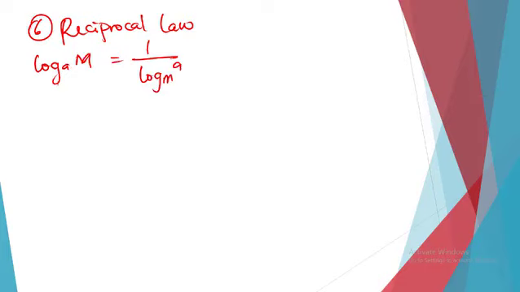If we have log m base a, it is the same as 1 over log a base m. Let me give us an example. Assuming we have log 9 base 3, log 9 base 3 is the same as 1 over log 3 base 9.